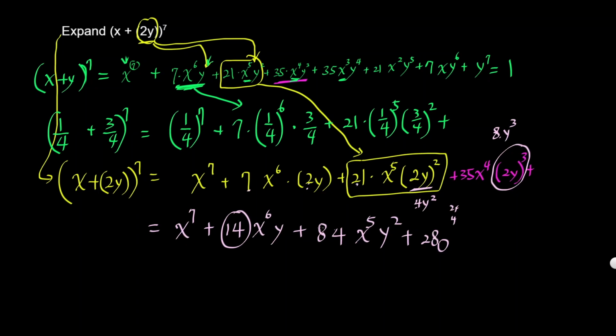So 280. Let me put 280, and then x to the 4th, y cubed. And then you do the same thing like that. Okay? And then just work towards this guy, y to the 7th. And that's how you expand this. Good luck.